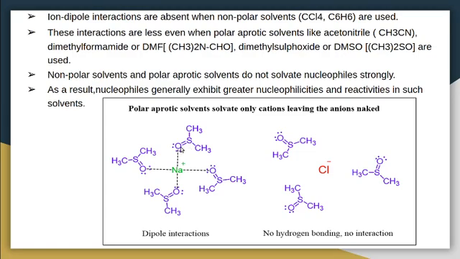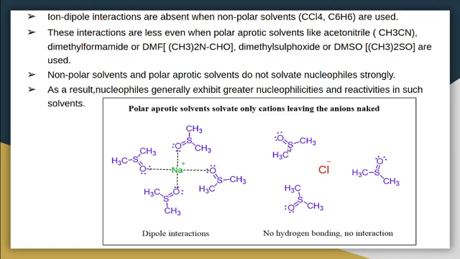DMSO can form an ion dipole interaction with the Na plus ion. Only the cation part is solvated by the polar aprotic solvent, but the nucleophile remains as such. It will not be solvated by the polar aprotic solvent.